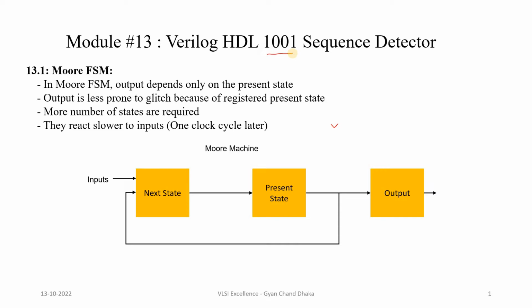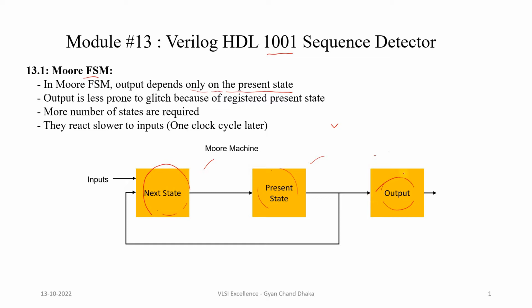Here I am just briefly going to discuss what we discussed in part 1 of module 13, where we discussed Moore FSM and Mealy FSM. In Moore FSM, the output depends only on the present state. This is basically the block diagram of a Moore FSM, where we have three blocks: the next state logic block, the present state logic block, and the output logic block.